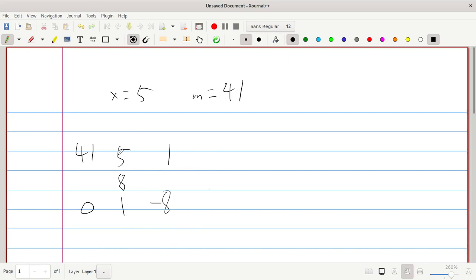So 5 divided by 1, the quotient is 5, and the remainder is 0. Now, once we get a 0 here, first of all, we want to look at the number before the 0, which is the greatest common divisor. And if this greatest common divisor is not 1, then there is no modular inverse.